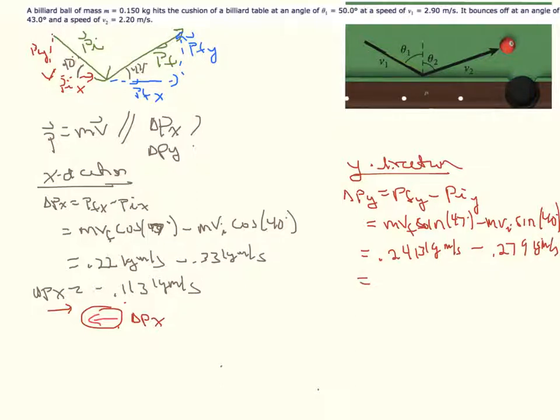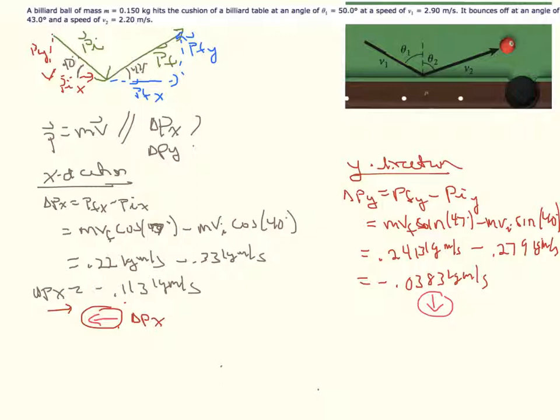And so the difference between those, again, it should be negative 0.0383 kilogram meters per second. So what this actually tells me is also that I was going down. My change in my momentum should be down instead of up.